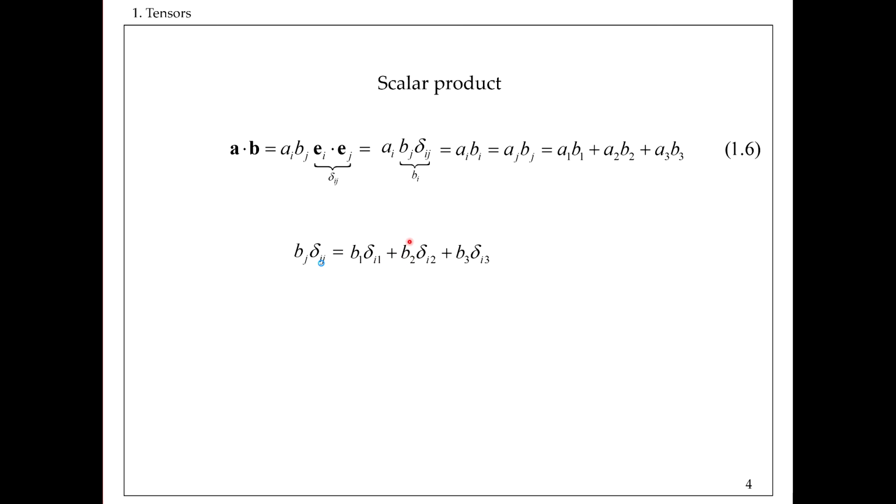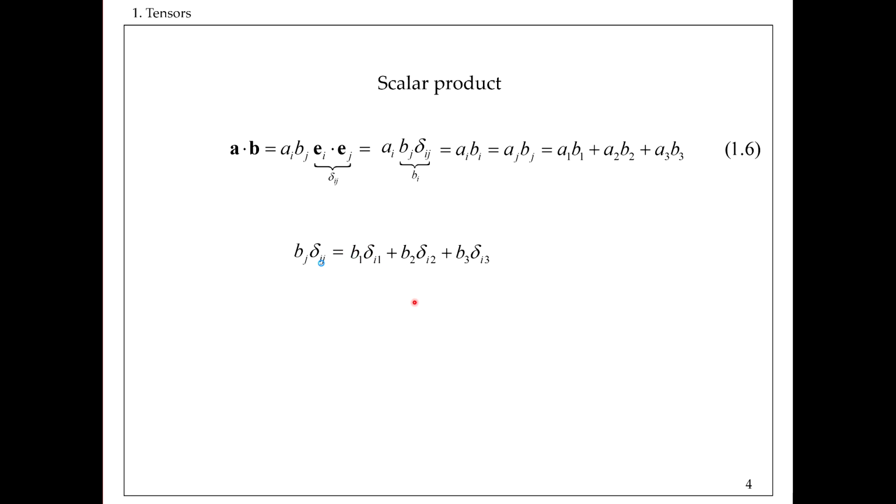Plus b2 multiplied by delta_12, but delta_12 is 0, so this term falls. And the same with b3: delta_13 is also 0 because the indexes are not repeating. So for the component corresponding to i equal to 1, the only thing that will remain is b1.